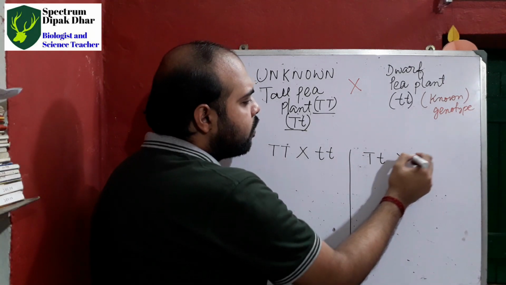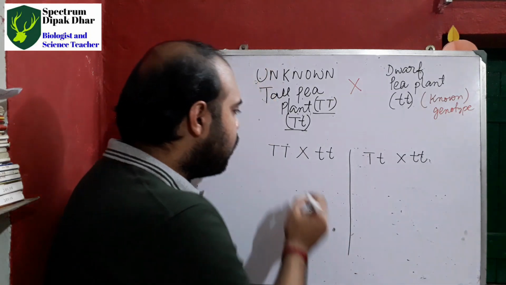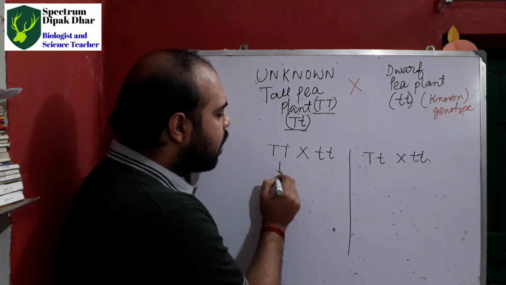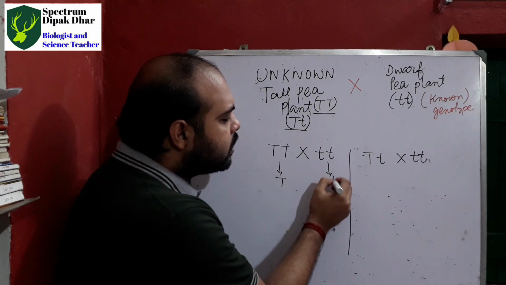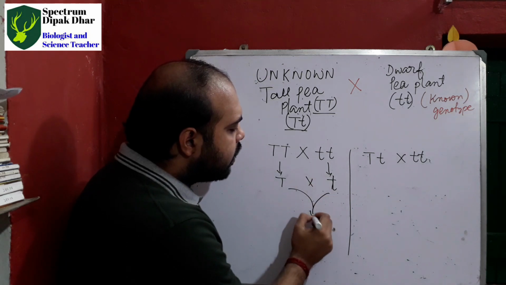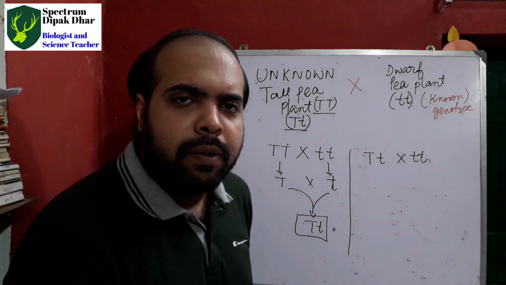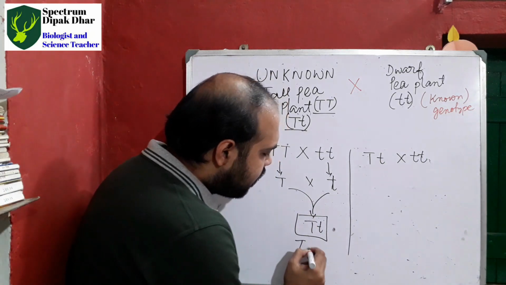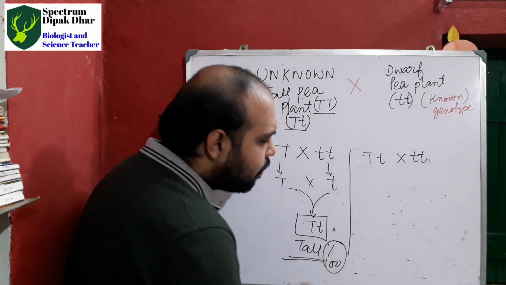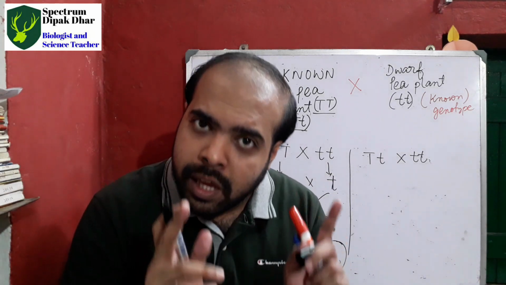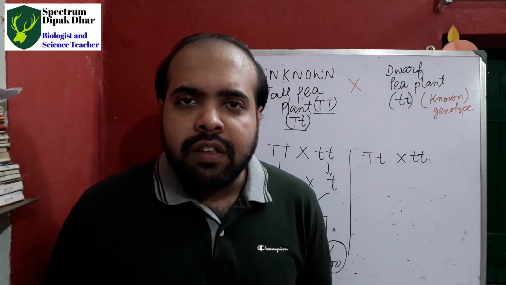In the case of the homozygous cross, the gametes will be of a single type, and from the recessive parent also the gamete will be a single small t. After crossing, all of the plants will be heterozygous tall. That means 100% of the plants will be tall if the unknown genotype is homozygous in nature.